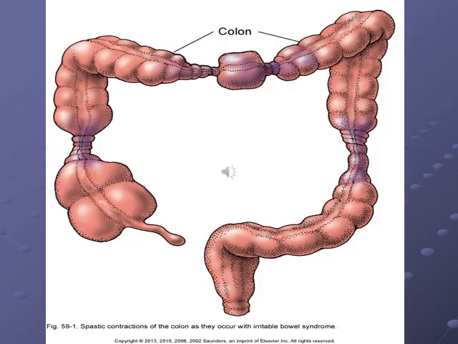So here you can see the spastic contractions of the colon in this picture, and I think you can easily see how there would be pain and more of a colicky pain, and also typically bowel motility changes where it will increase or decrease transit time depending on the spasticity, so fluctuating usually between diarrhea and constipation.